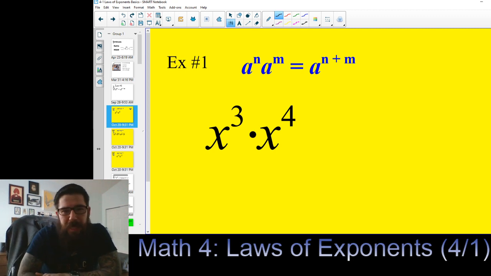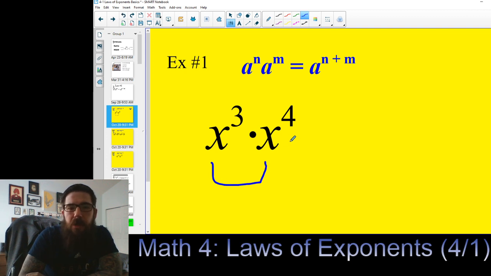If I gave you x cubed times x to the fourth, what's that going to come out to be? Well, we can see that we're matching this form here where we have the same base that's being multiplied. So what's my result actually going to end up being? In this case, the base always stays the same. You'll notice that a here, that base value, ends up still being the base. And I could rewrite it as now the exponent, 3 plus 4.